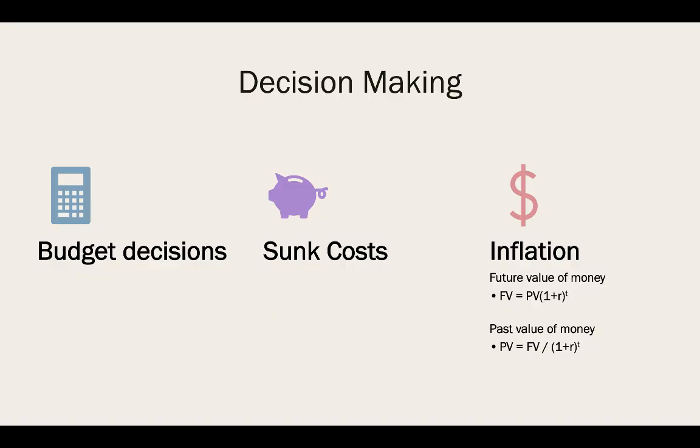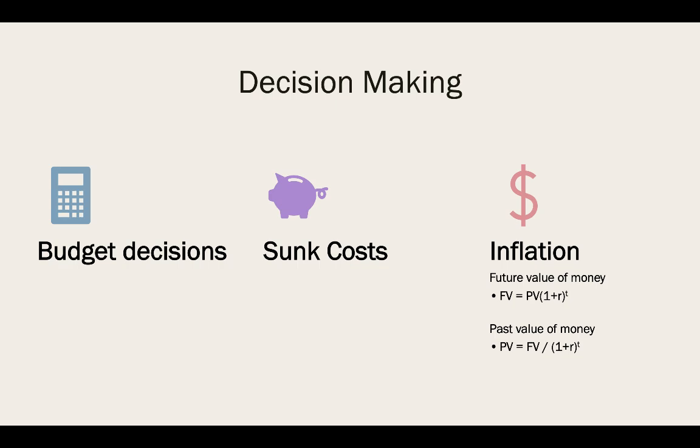So do I need to go out and get a loan to buy that ambulance, or can I pay cash, right? If I didn't know how much money was available to the organization, then I'm making kind of a shot in the dark decision. So budget decisions are heavily influenced by our accounting reports and our accountants.